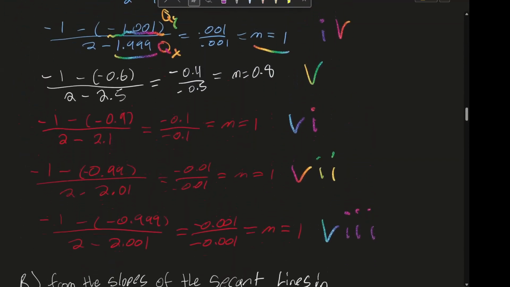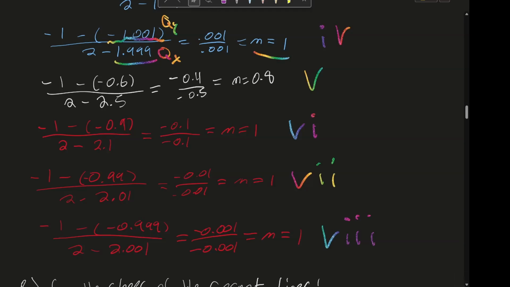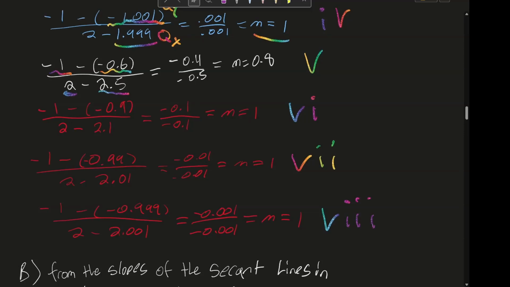For the first one, you have the ordered pair 2.5 as your x coordinate and -0.6 as your y coordinate for your point Q, and you have your x coordinate and y coordinate for P, and calculating that gives you a slope of 0.8.